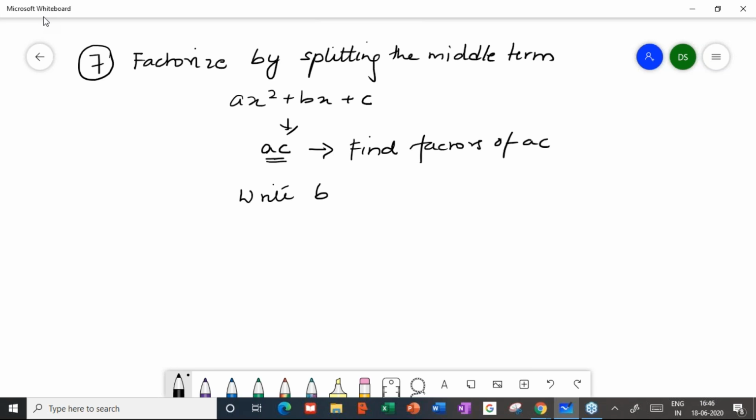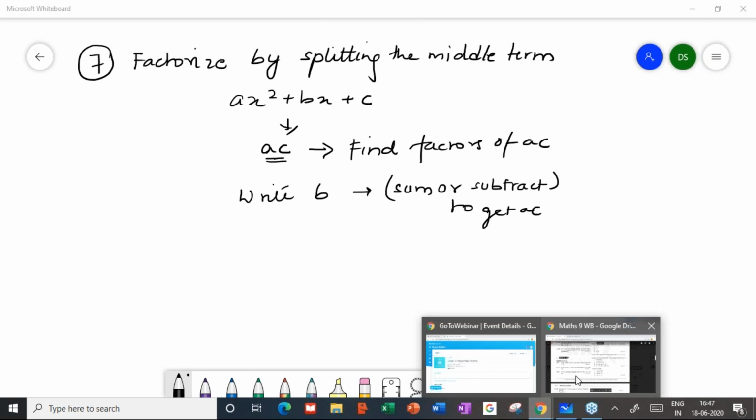Write b as a sum or difference to get ac, right? Simple, right? I think most of you are familiar with splitting the middle term. Should I take it up?